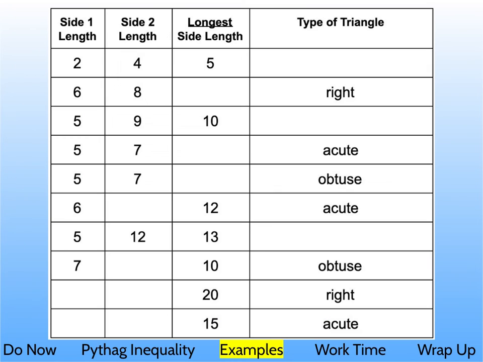So what you need to do for this assignment is fill in this chart. Basically you're looking at side 1 and side 2; it doesn't matter what you call those. This could be A in this column and this could be B, which makes the most sense, I suppose. Or you could flip them, B and A, doesn't matter. But this third column is always the longest side length, which means this is your C. So you square A, plus B squared, add them up after you square them, compare it to C squared, and depending on which kind it is, you say what type of triangle it is.